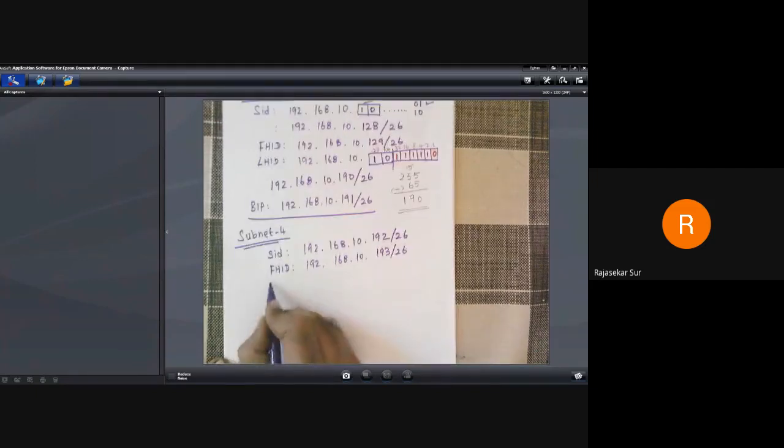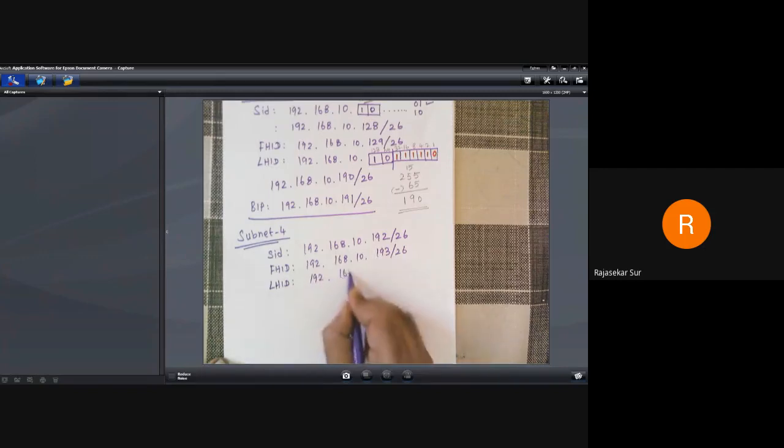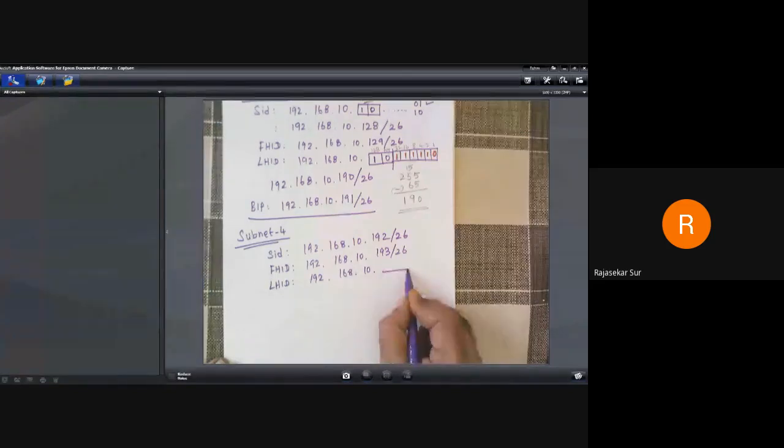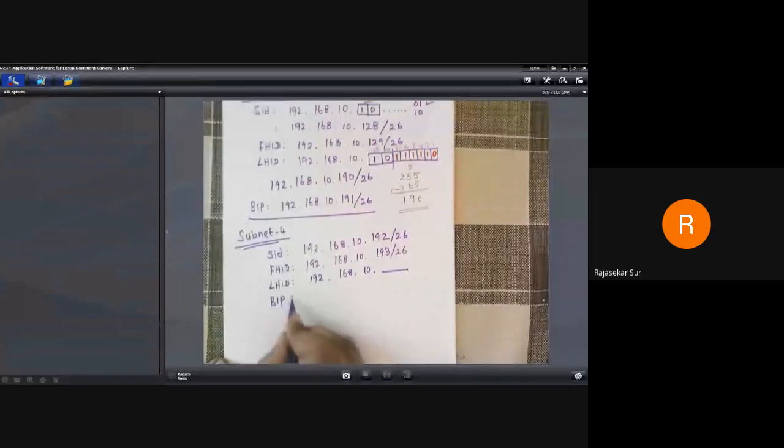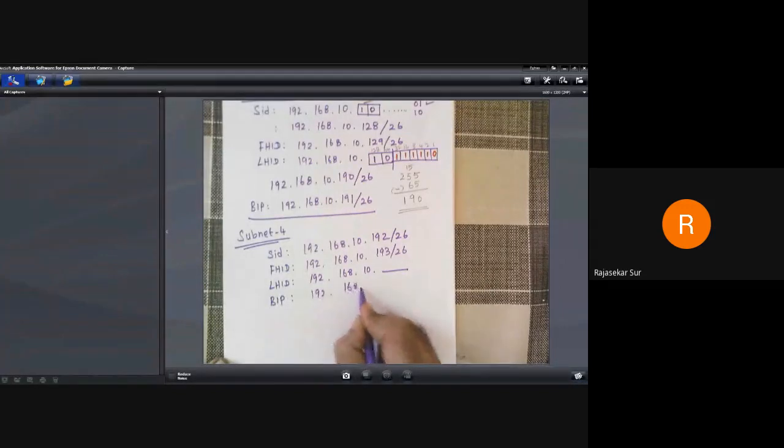Then what is the last host ID? Leave it for now. What is the broadcast IP address? The broadcast IP address is 192.168.10.255. I'm writing it directly. Why, teacher? How do you know it is 255?